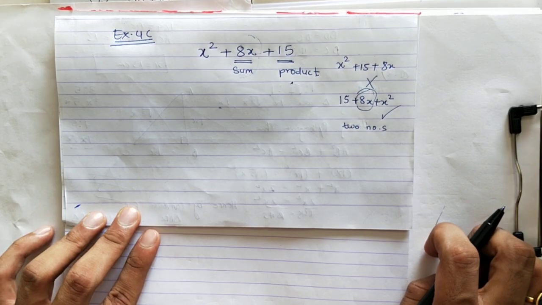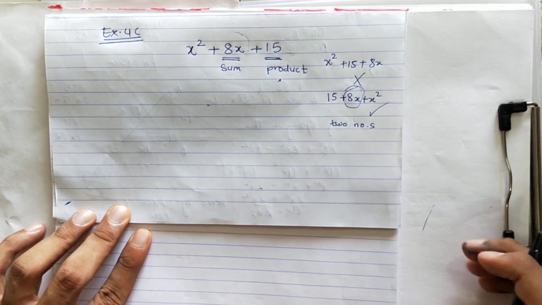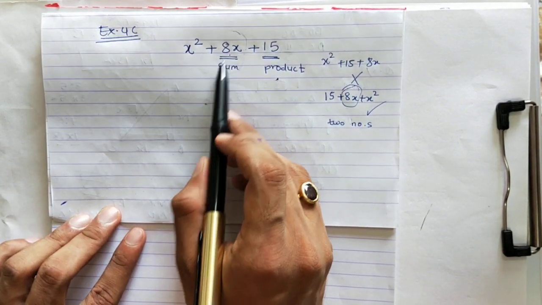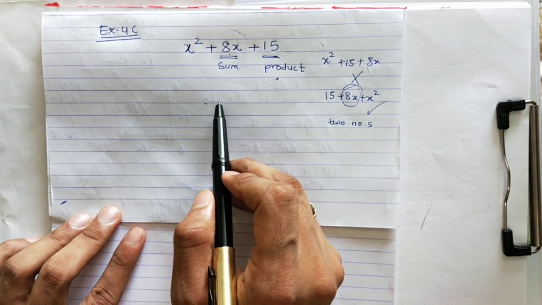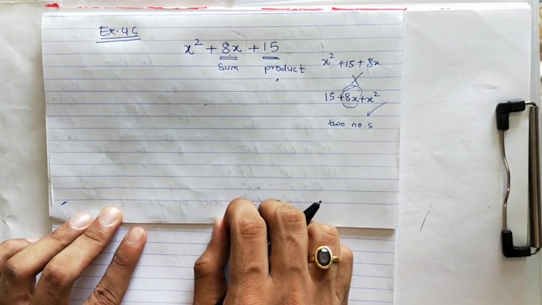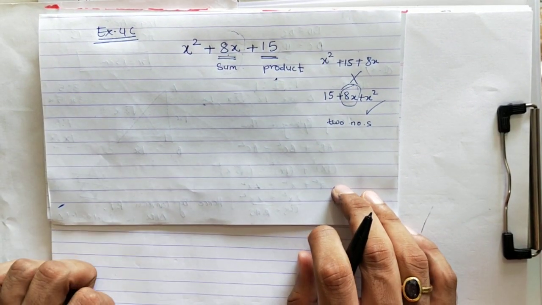In this type of questions, we have to think two numbers. Think means you have to split. I said in the beginning it is middle term splitting. So you have to split 8 in such a way that when you multiply them, you get 15. And when you add them, you get 8x.